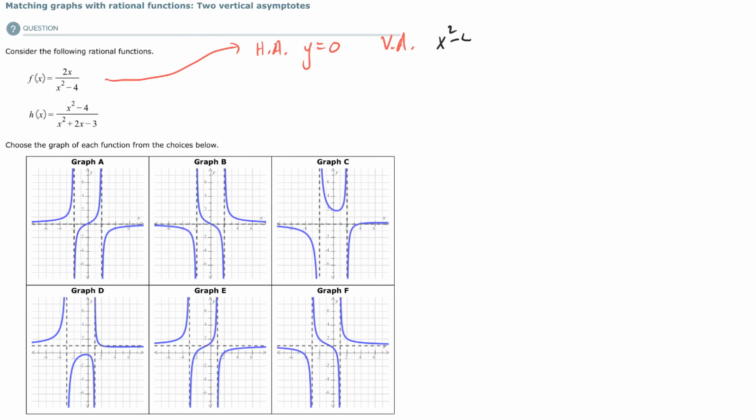We know that x squared minus 4 can't be 0. So that means x plus 2 and x minus 2 can't be 0. Therefore, what are your vertical asymptotes? Your vertical asymptotes are x equals 2 and what? x equals -2.